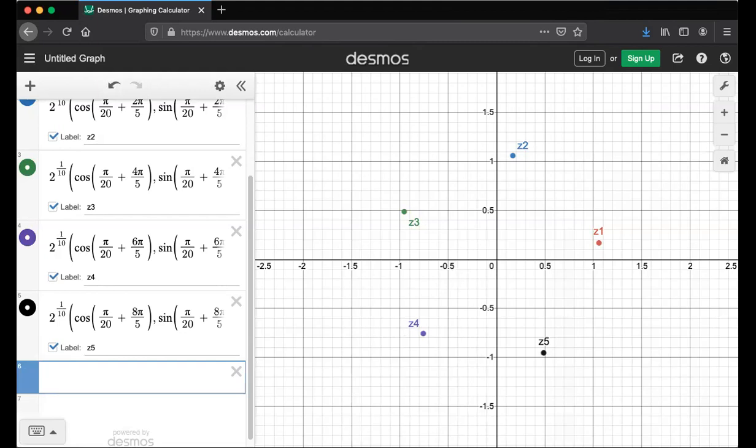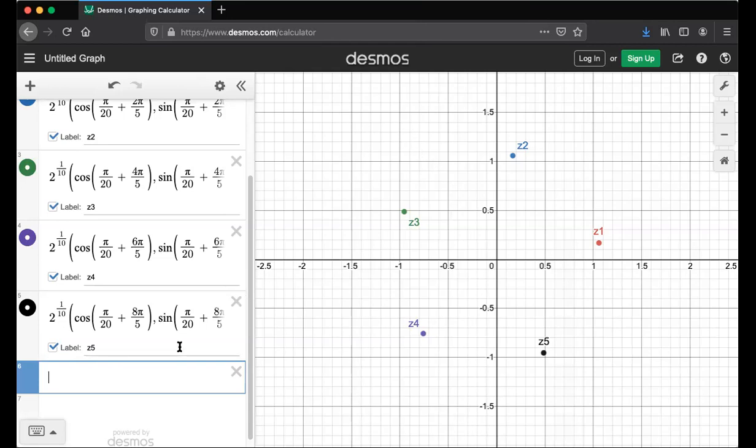Pick any complex number to do the nth roots of, and the nth roots are going to form a regular n-gon. The 6 roots of unity are going to form a nice hexagon, a 6-sided figure. The 7th roots of your number are going to form a nice septagon or heptagon, or whatever word you want to use for a 7-gon.